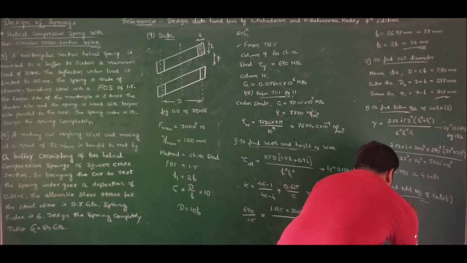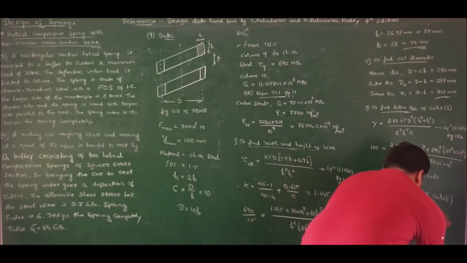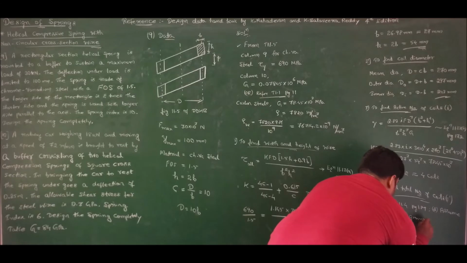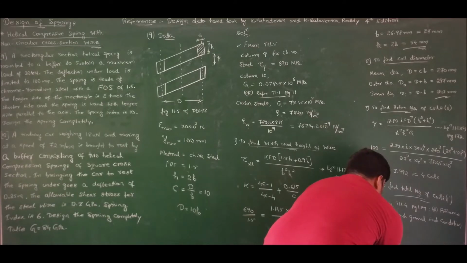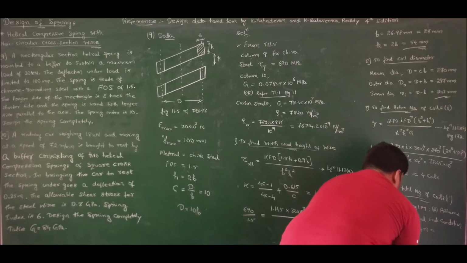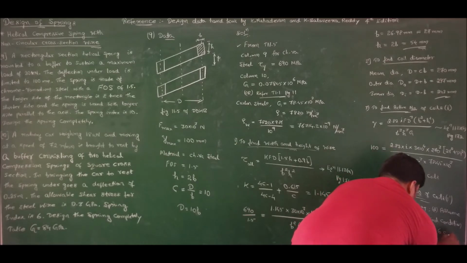From table 11.4 of page number 189, assume square and ground end condition, that is figure D. If I assume square and ground end condition, the additional number of coils is 2, so therefore total number of coils is equal to active number of coils plus additional number of coils, which will be 4 plus 2 is equal to 6 coils.